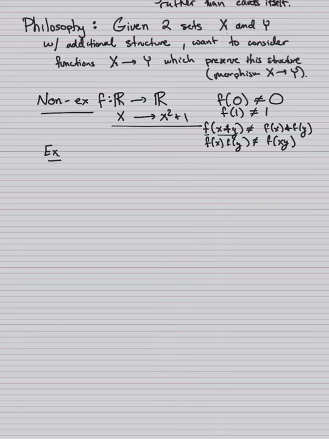So this one will require the complex numbers. Even though I haven't really defined them, I'm not going to use very much. Okay, so there's a special function from the complex numbers, which is called complex conjugation, and it just sends z to what's called the conjugate.